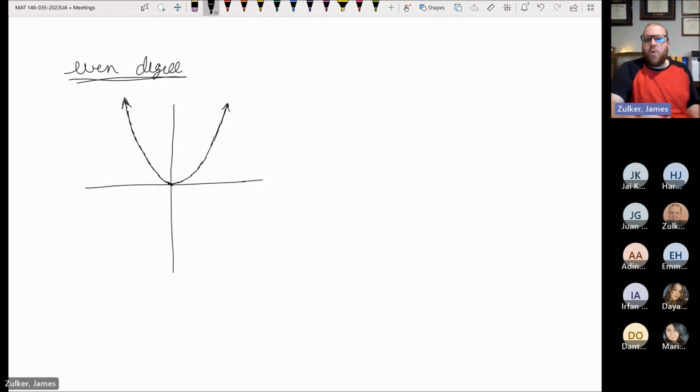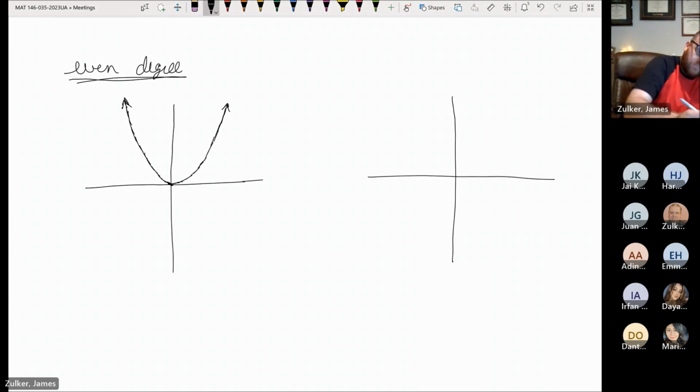The difference is, is it going to open upwards, or is it going to open downwards?